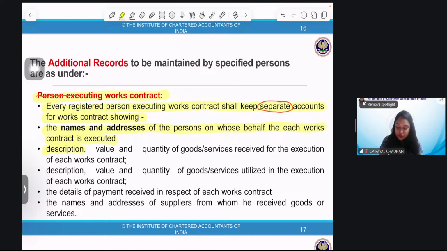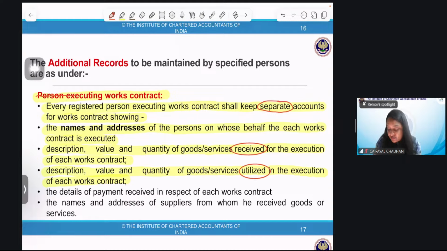Then description, value, quantity of goods and service received for the execution of each work contract. To complete my work contract, I might have taken goods and services; the complete detail about that. Then description, value, quantity of goods and service utilized in the execution of each work contract. Please remember these two words. The first one is received: how much I received. It is not necessary that all of it is utilized.